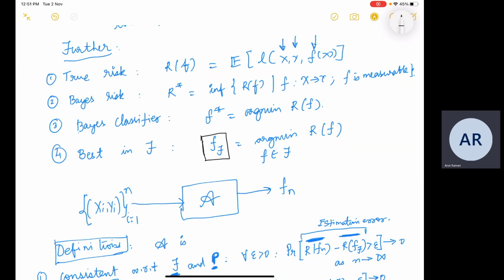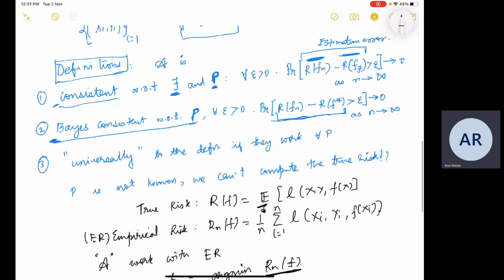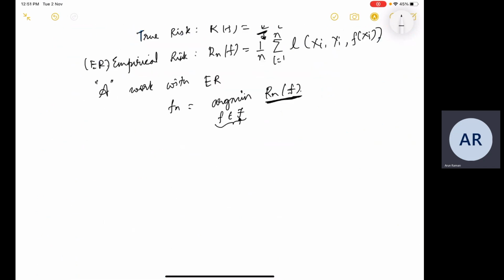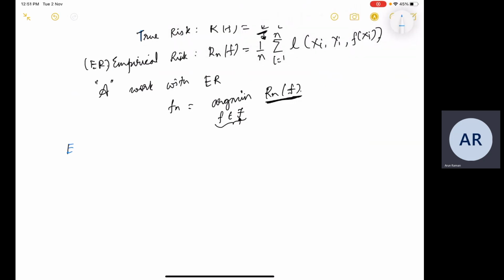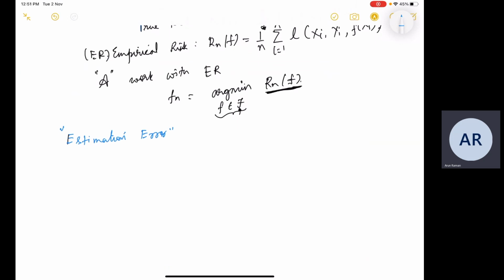So given a class of functions, script f, is there any chance that if we have an infinite amount of data we will converge to the best in class? So this is what we will be discussing today. So we will be focusing on the estimation error. So this will be the prime focus.